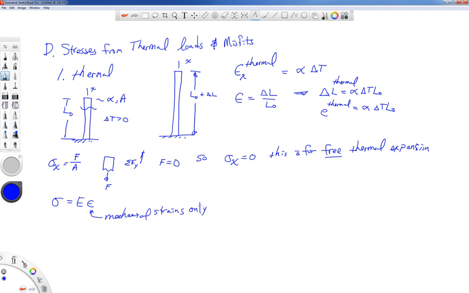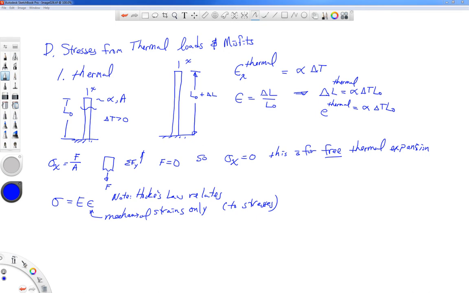So even though we have non-zero strain, it's all thermal strain. And so by Hooke's law, we don't have any mechanical strain. So sigma is equal to 0. All right, so I'll make a little note of that there. Hooke's law relates mechanical strains only to stresses.